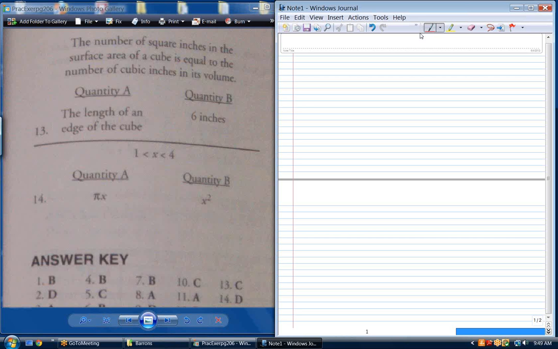So, I'm trying. Okay, so the number of square inches in the surface area of a cube is equal to the number of cubic inches in its volume. So what's bigger, the length of an edge of the cube or 6 inches? Okay, let's see.